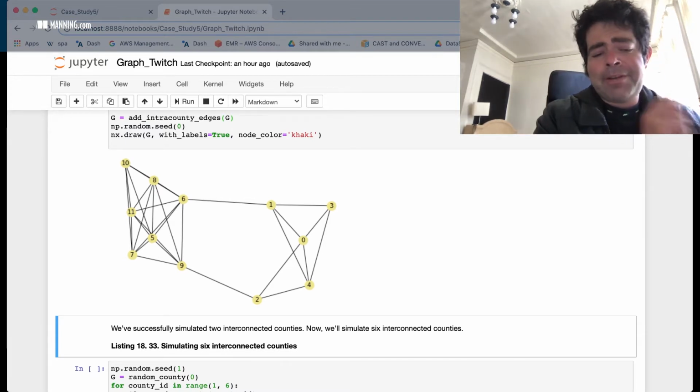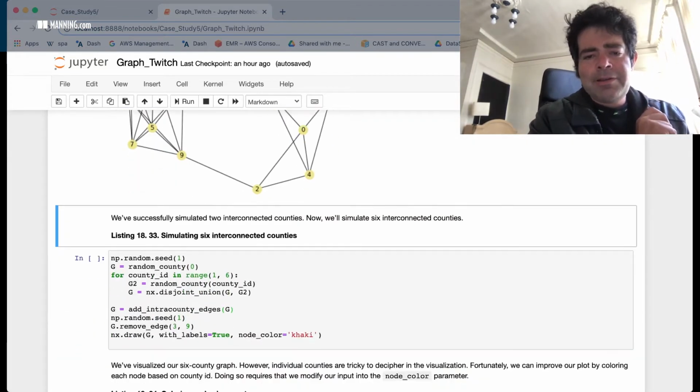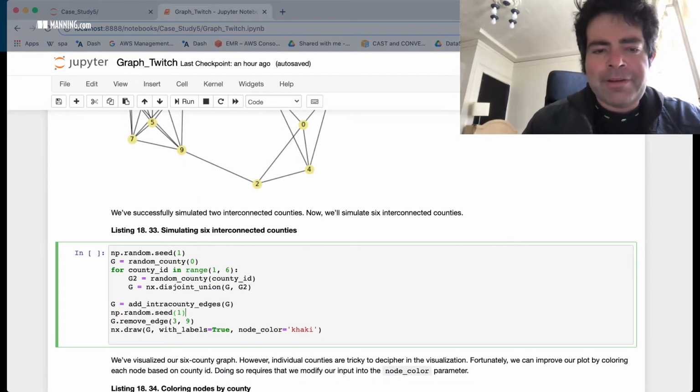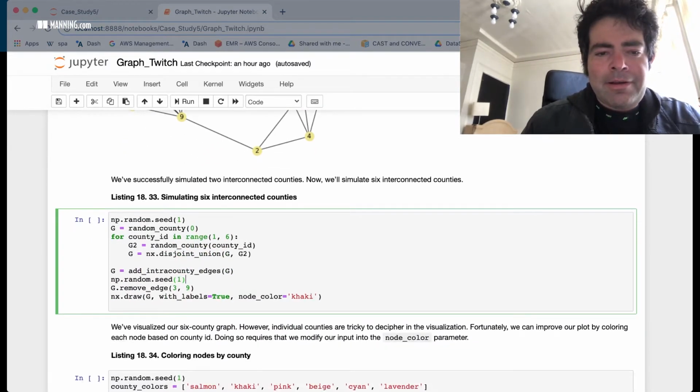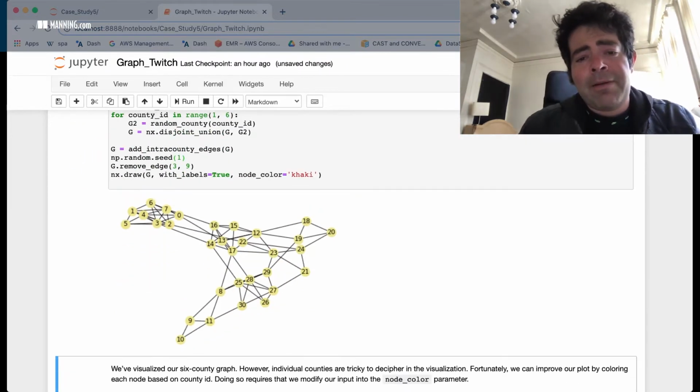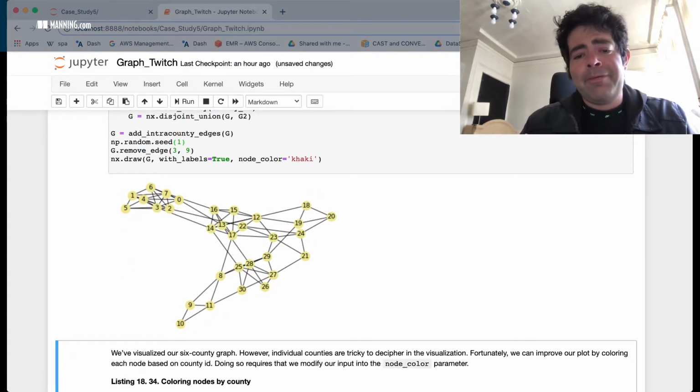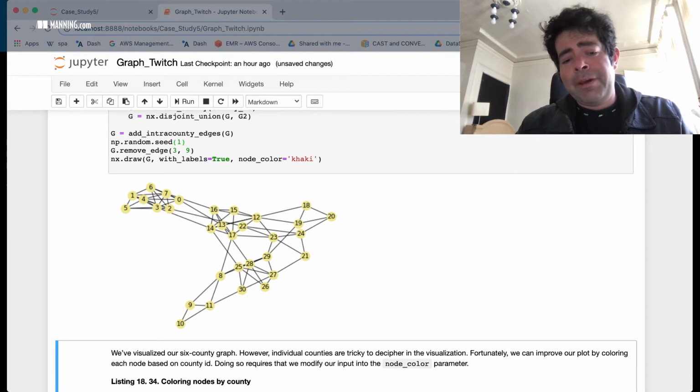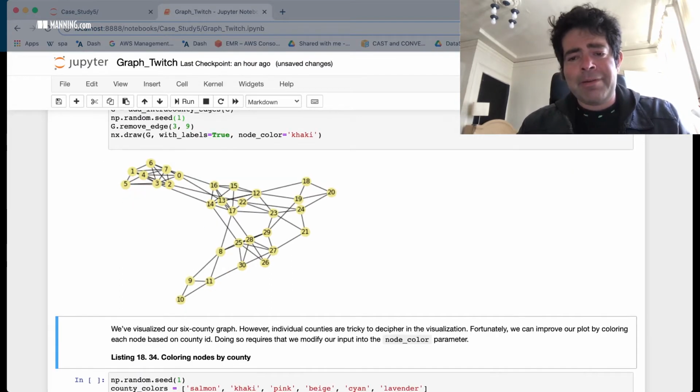We're going to raise the number of counties that are interconnected from 2 to 6. So let's simulate 6 interconnected counties. And here we get a much more nuanced graph, but that's also clumpy as expected, where the clumps represent communities.